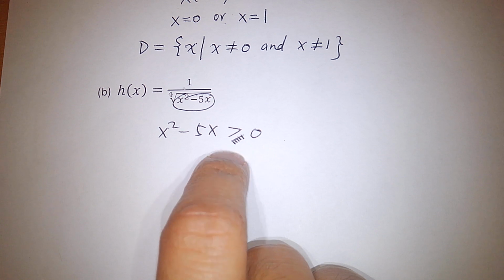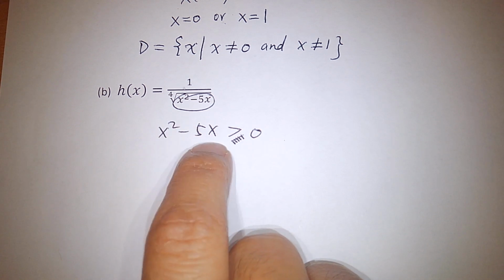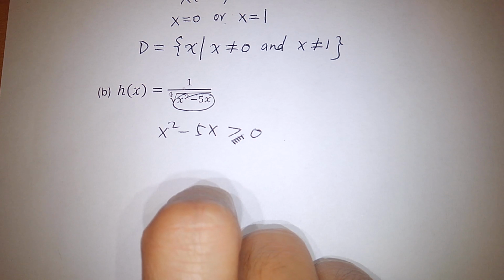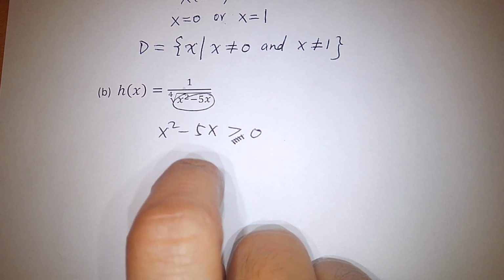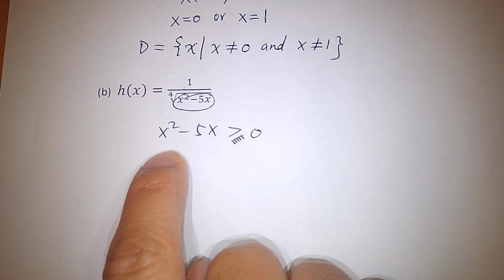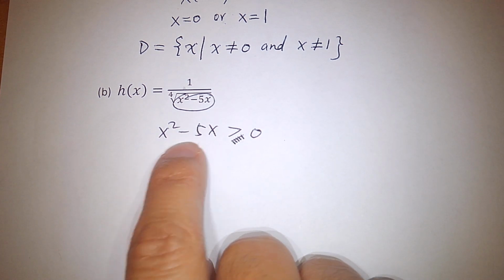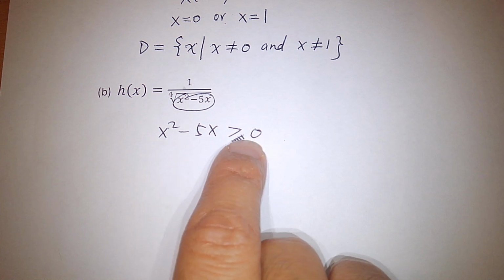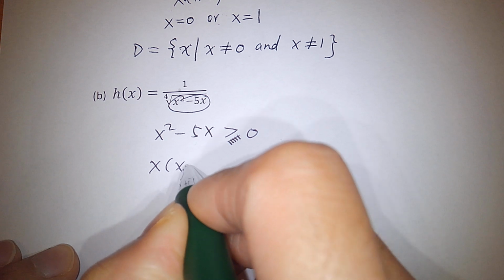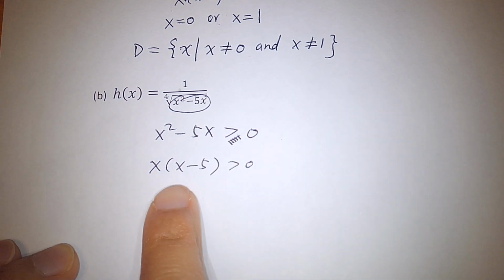Do you still remember how we solve x squared minus 5x greater than 0? Do you know how to solve it? Yeah, see? I think some of you have already forgotten how to solve it. We can factor that, right?